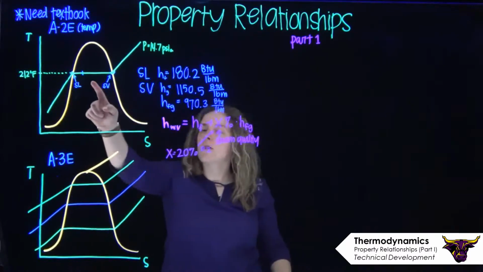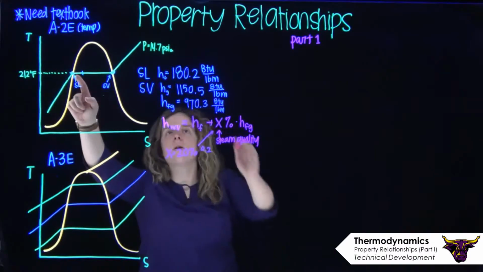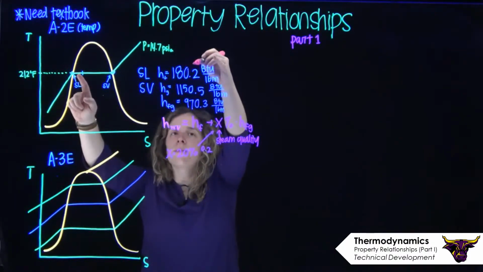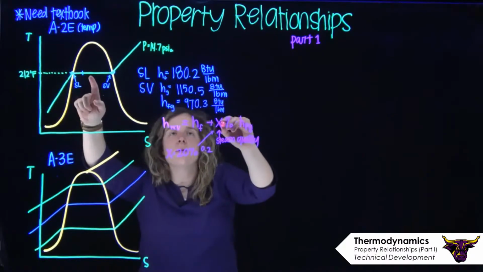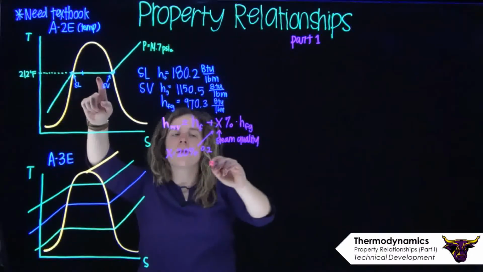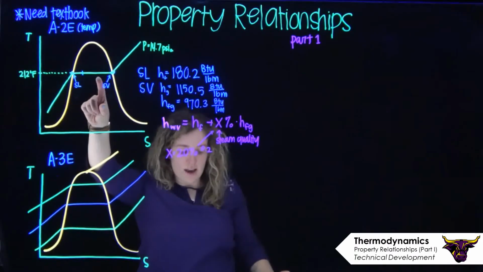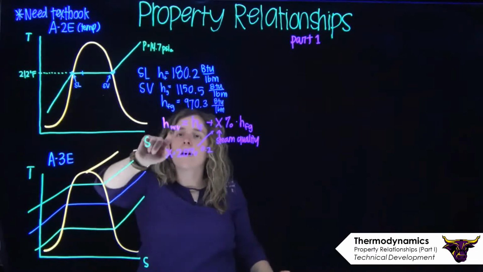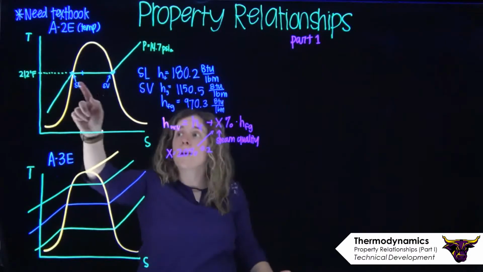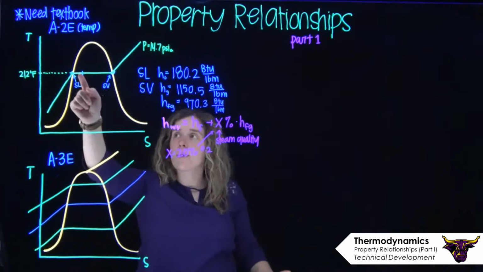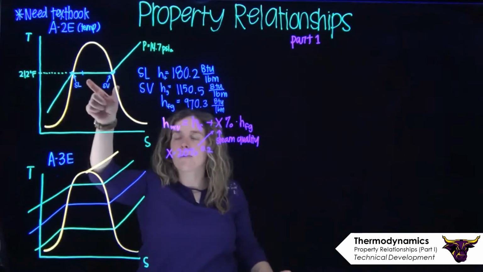So it would be HF, 180.2, plus 0.2 times HFG, so times 970.3. And that will give us a wet vapor of 20% steam quality. So if this is 20% of the way across, basically you're getting that percentage.